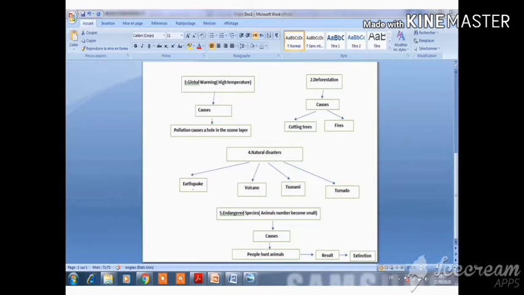And we have natural disasters like earthquake, volcano, tsunami, tornado. And the last problem is endangered species, which means animals' number becomes small, right? And one of the main causes of this problem is that people hunt animals, and this leads to extinction, right? So these are the main vocabulary items that we studied in this unit. So now let's move on to practice.